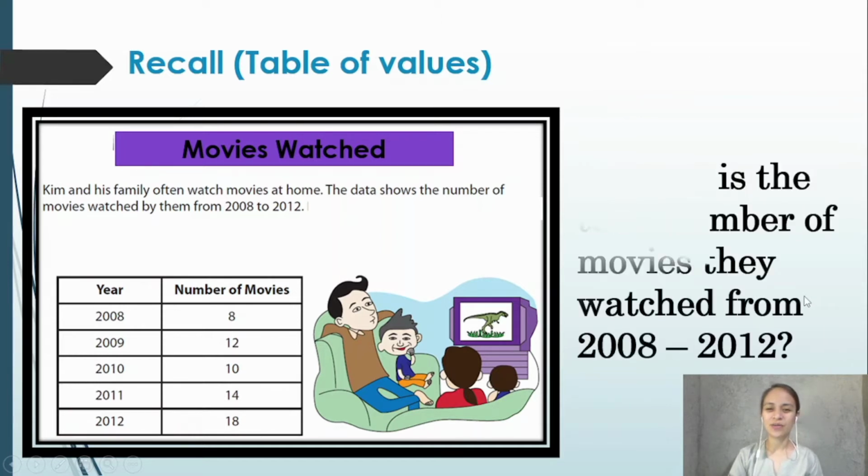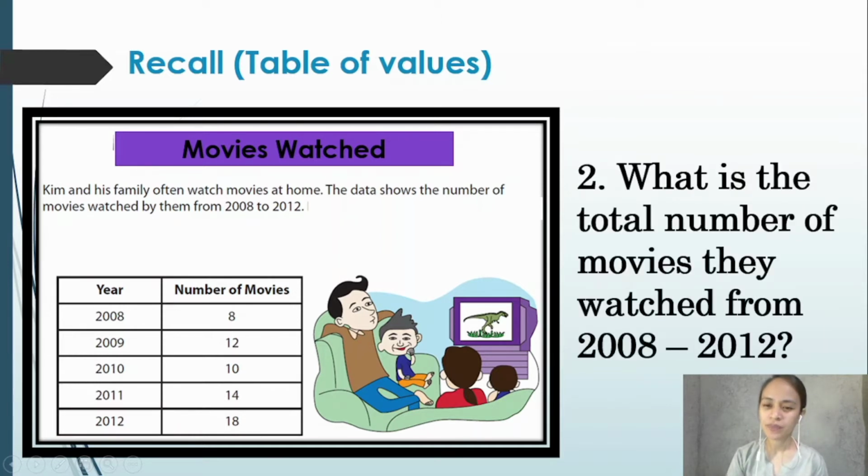So, let us have the second question. What is the total number of movies they watch from 2008 to 2012? When we say total number of movies, we are going to find the total of the number of movies they watch from 2008 to 2012. What operation are we going to use when we say total?